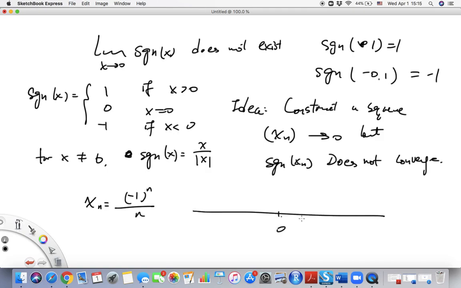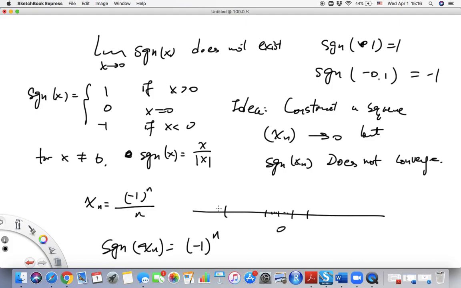Graphically, this is 0, so we start at minus 1, and then 1 over 2, minus 1 over 3, 1 over 4. So it's jumping left and right around the origin. So sgn of xn is simply (minus 1) to the n. As you can see, this sequence does not converge.